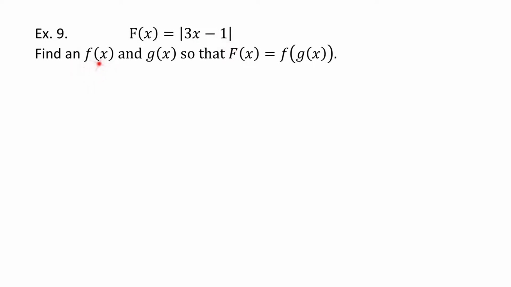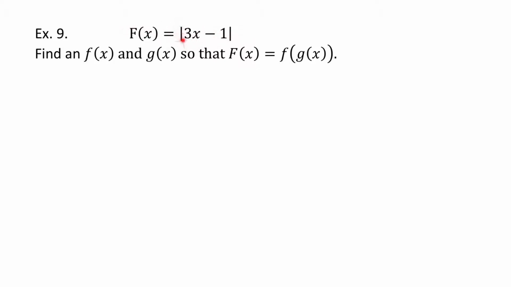Find 2 functions, f of x and g of x, so that big F of x is equal to the composition of f and g, meaning the g is going into the f, and it's going to make a function that looks like this. So the way that we do this is we kind of think about the form of this big F thing here.